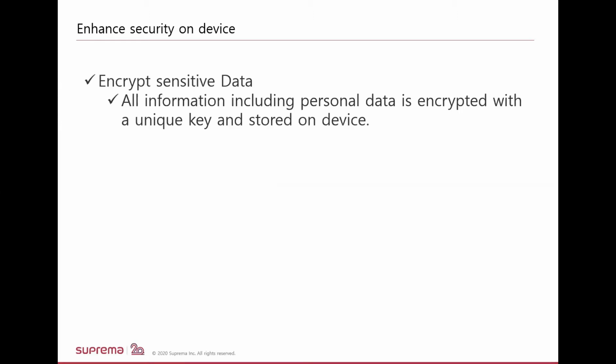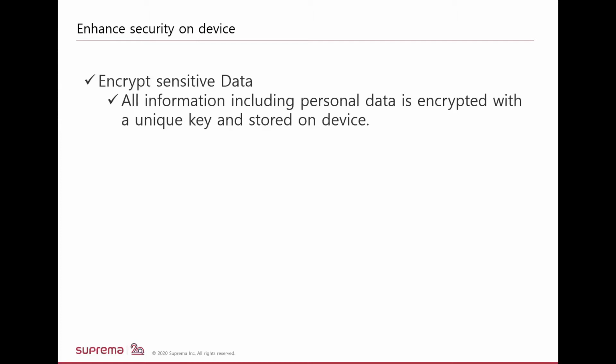So we can say we encrypt all sensitive data. All information that is sensitive, including personal data, is encrypted with a unique key when stored on the device. Certain very essential information, such as PIN and biometric credentials, were already encrypted when stored on the device.